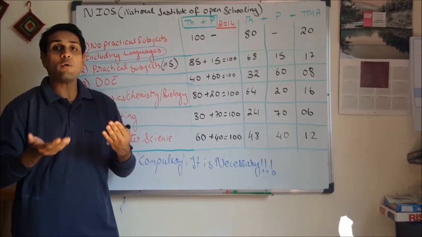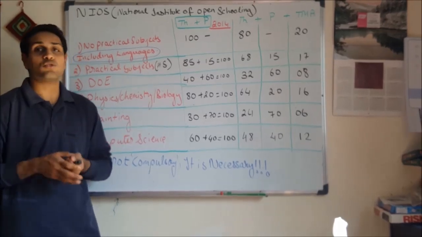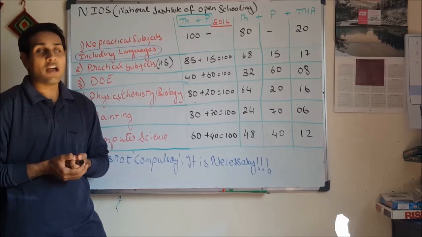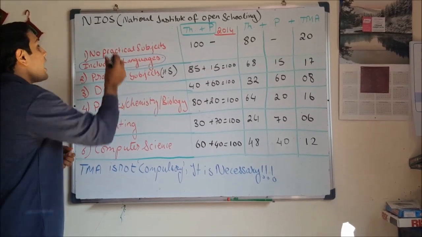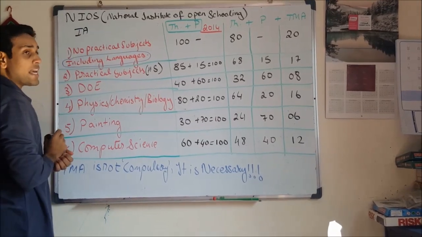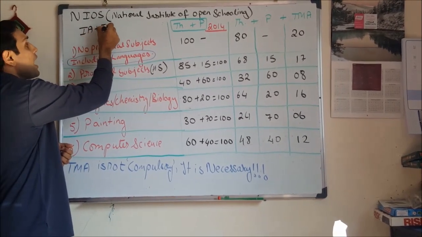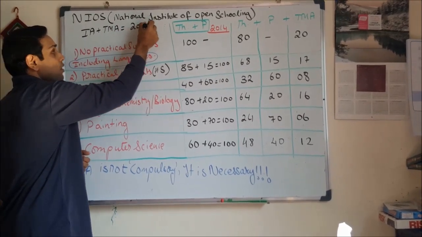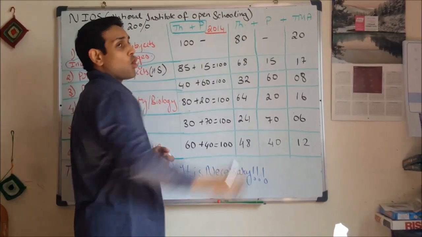As I told you, we will get the answers to all these through proper calculations and by finding out how these things are happening. Here you can see the NIOS TMA system, also called IA, Internal Assessment Assignments, which came into existence from 2015 onwards.